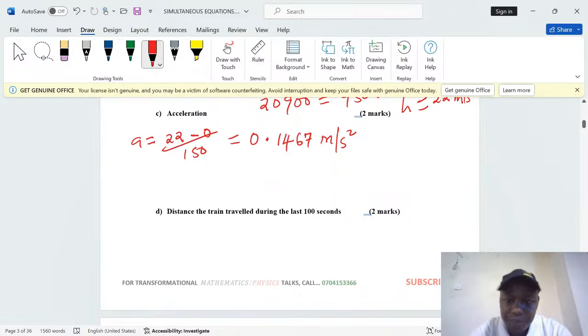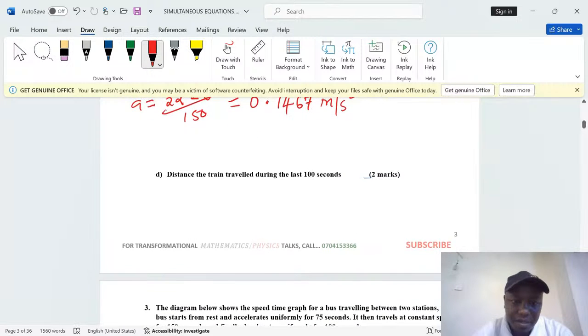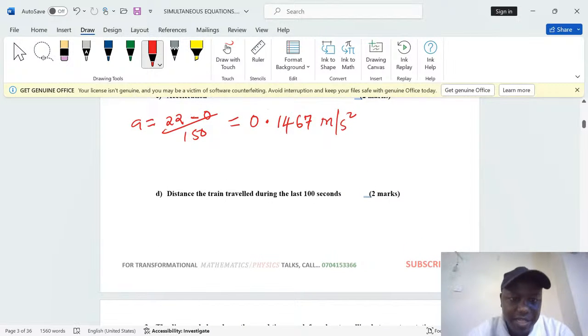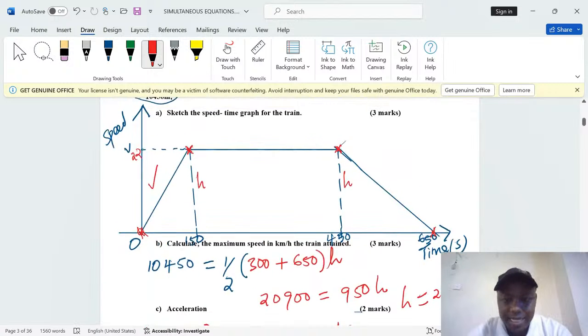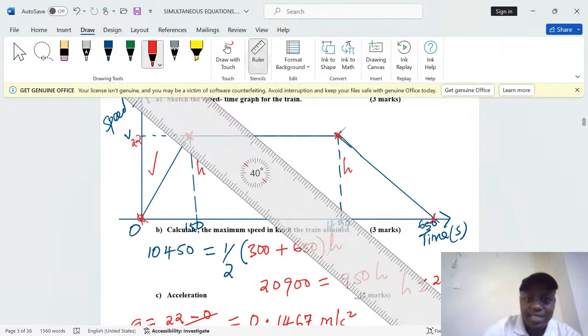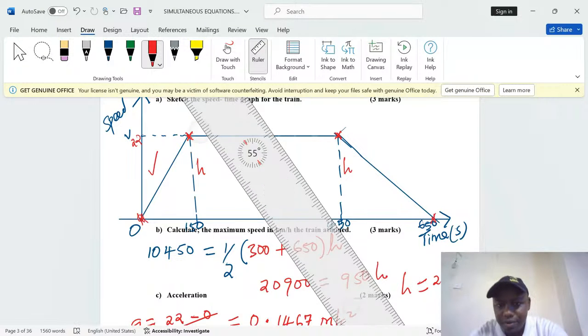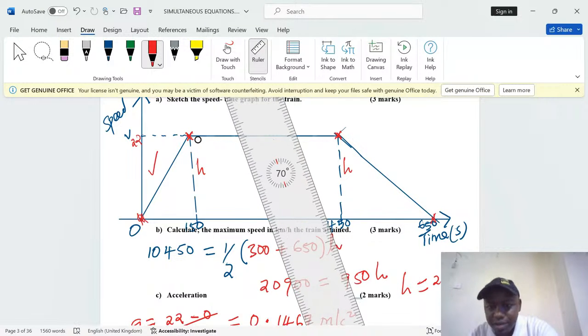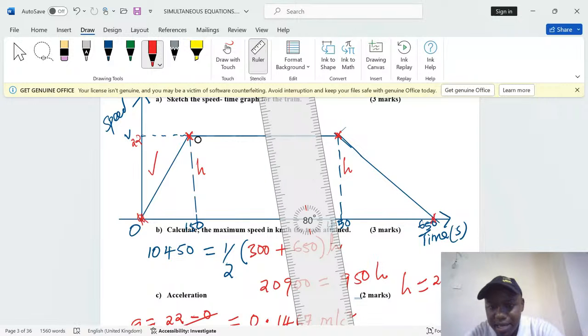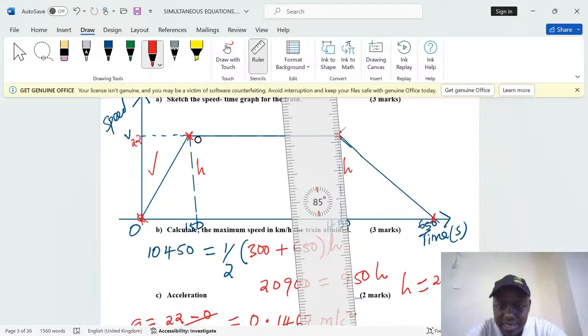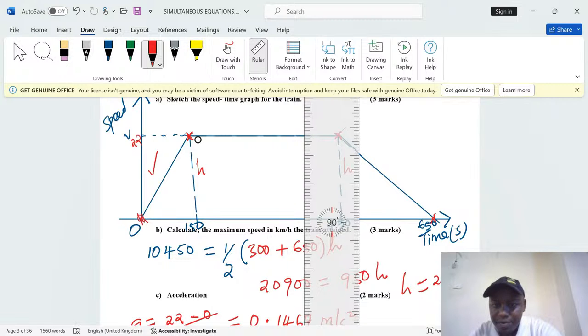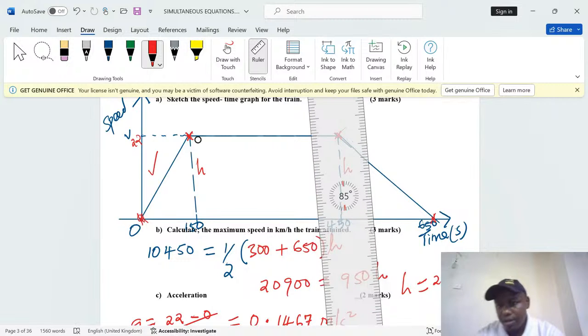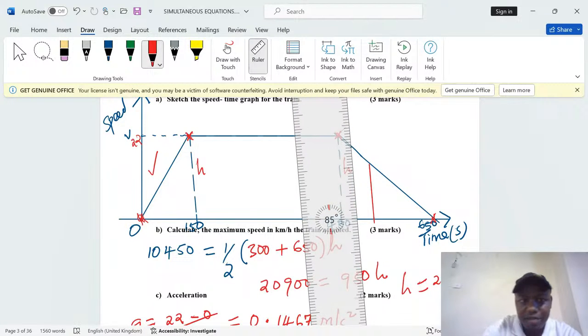Finally, there is a part D here, which talks about the distance the train traveled during the last 100 seconds. So the last 100 seconds means the last 100. Remember, the very last second is 650. Therefore, we need the distance traveled in that case.